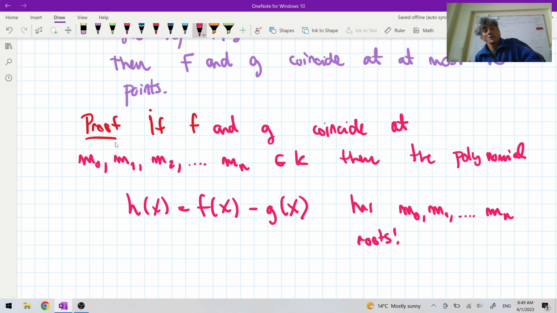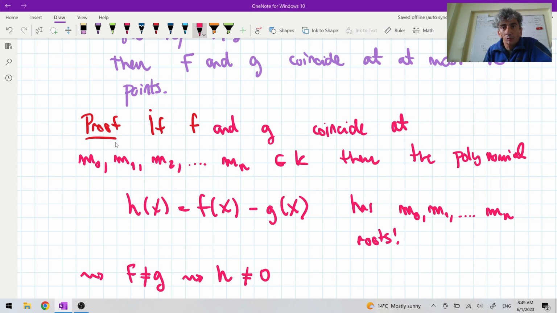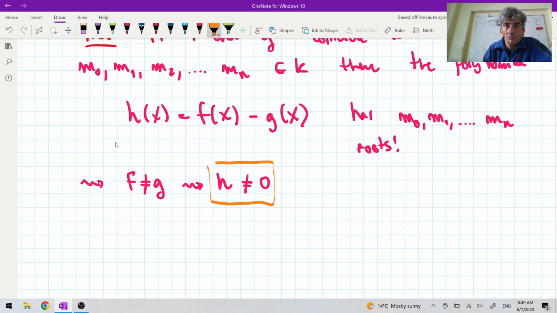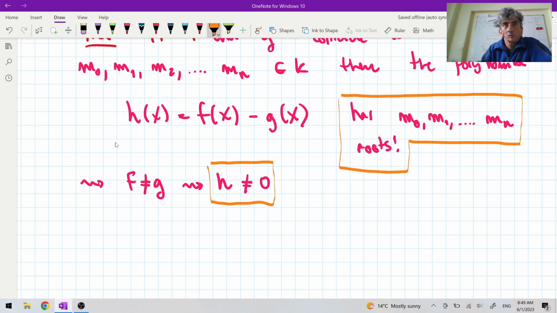All right. So f being different than g implies that h is not the zero polynomial. So what this says is that h is a non-zero polynomial that has n+1 distinct roots.